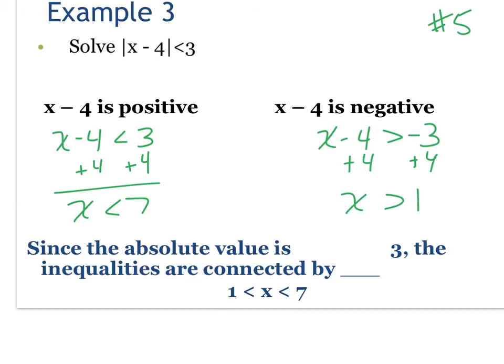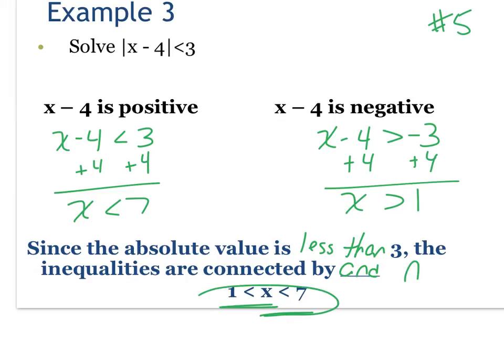Now, since the absolute value is less than 3, we know the inequalities are connected by an AND, or an intersection. So we have x is greater than 1 and x is less than 7. So this is our final solution.